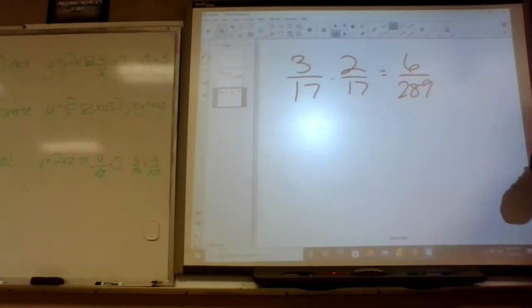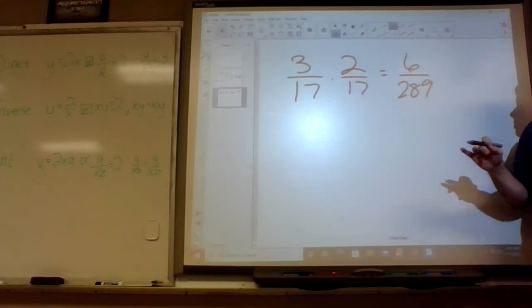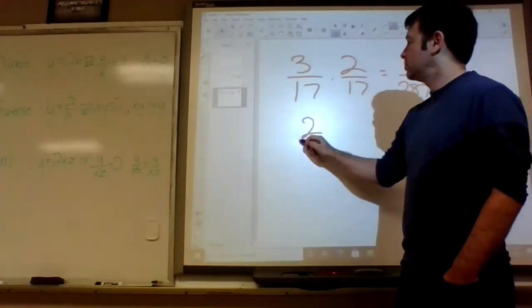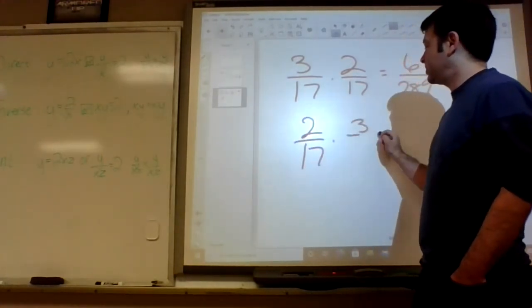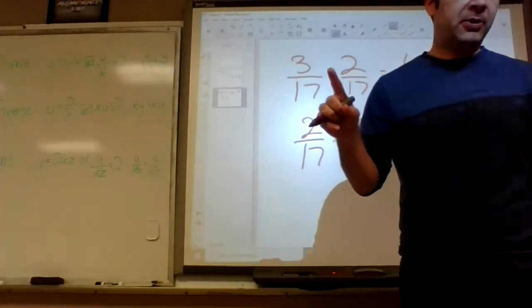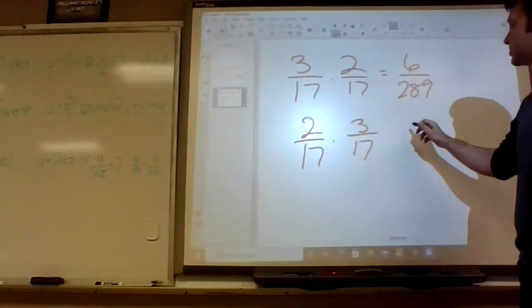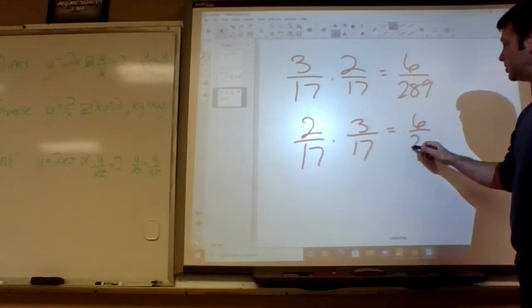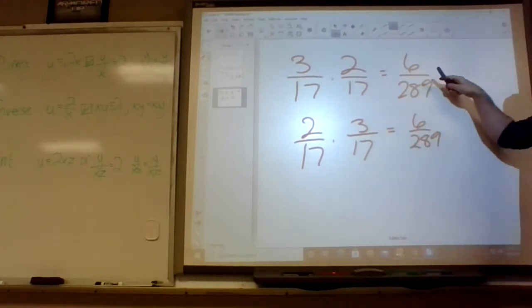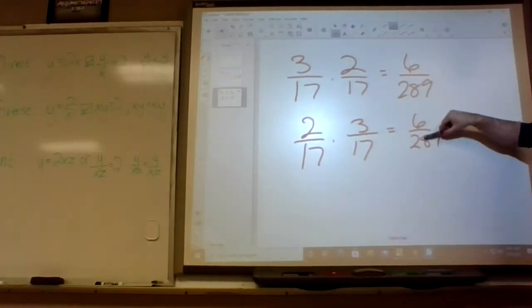What's the probability of drawing blue, then white? It's the same thing, 2 over 17 and 3 over 17: 6 over 289. But the probability of either of these happening, this or this, is those added together.